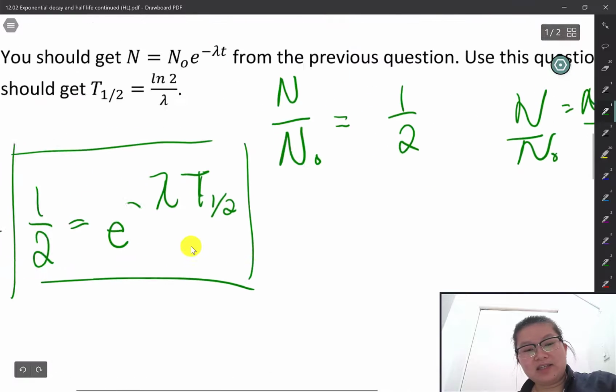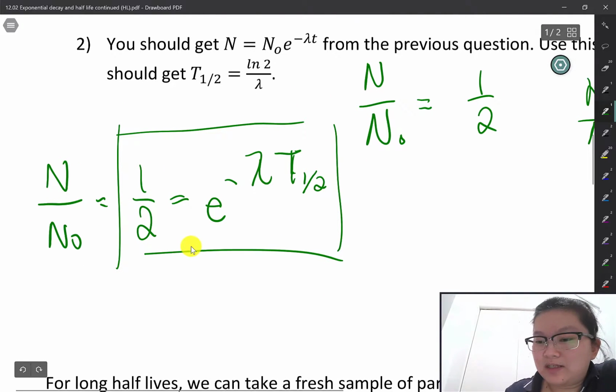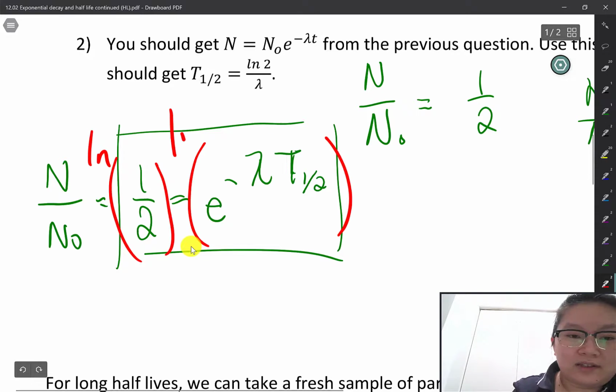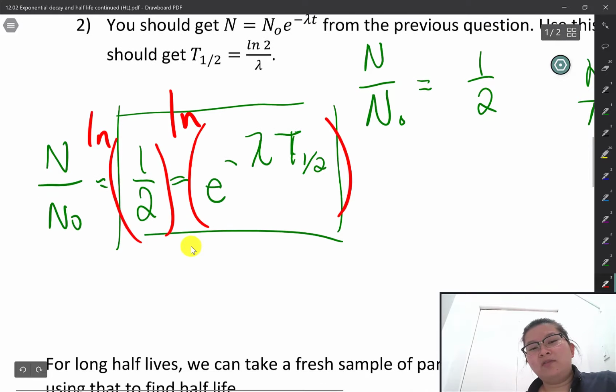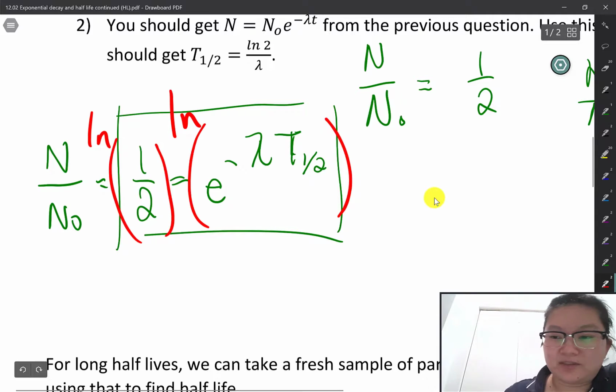If we want to get t down off the exponent, we have to take the natural ln of both sides. This level of math you are required to be able to do at the HL level. If you don't know how to do the calculus, that's okay, but know how to work your logarithms.